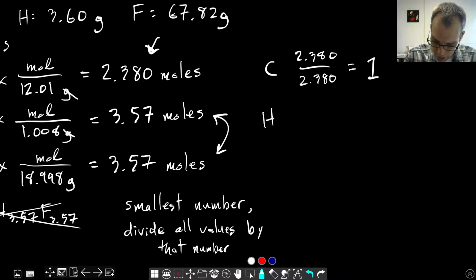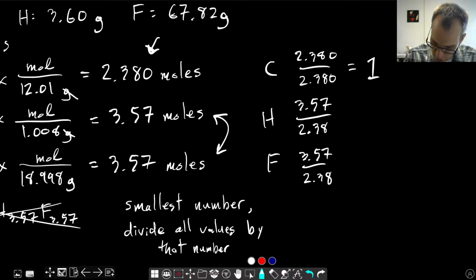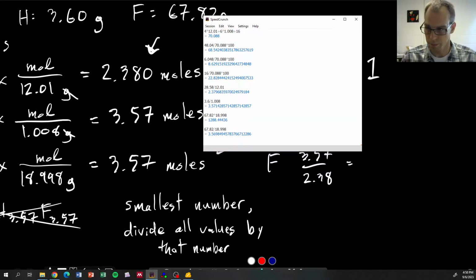For hydrogen, we'll have 3.57 divided by 2.38, and fluorine's going to be the same, 3.57 divided by 2.38, and our moles will cancel, just skipping writing those units down. All right, so we get 3.57 divided by 2.38, and that gives us 1.5.